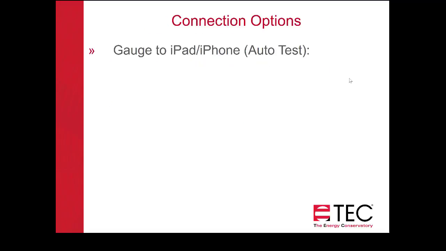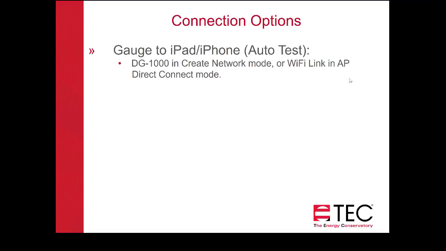We have a number of different options on how to accomplish this. The first, we'll need to connect the gauge to the iPad or iPhone to do the automated test. You can set the DG1000 to create network mode, or the Wi-Fi link in the AP Direct Connect mode. Both of these are referring to the same process, where the gauge is broadcasting a Wi-Fi network that you'll connect to.